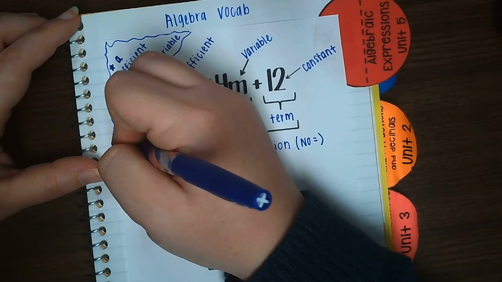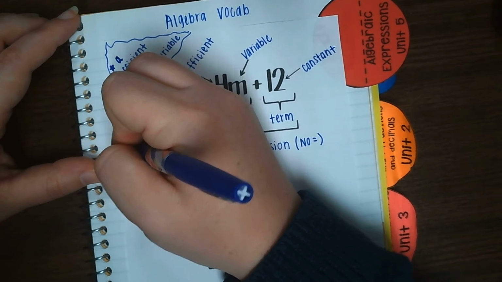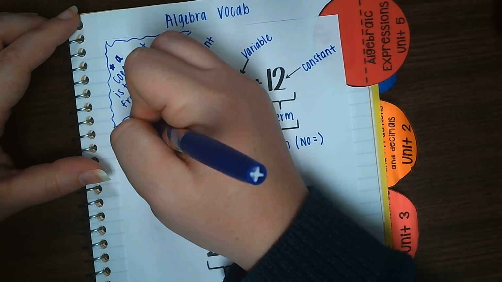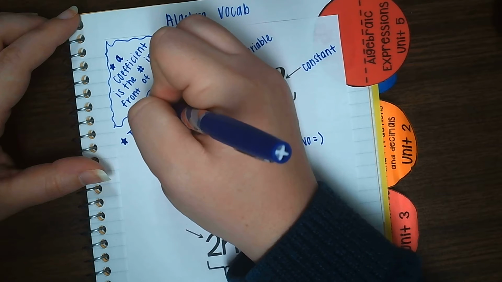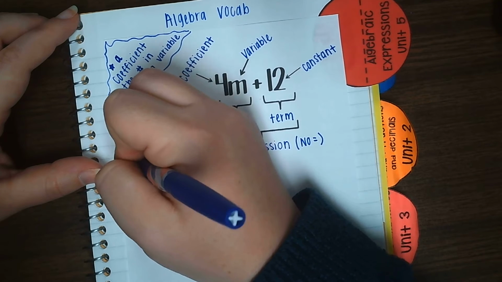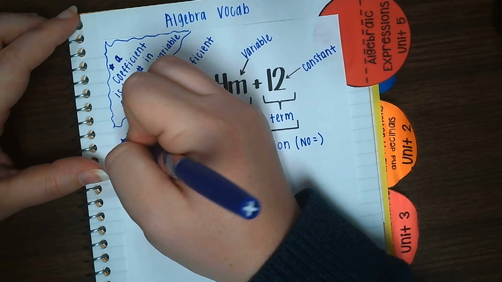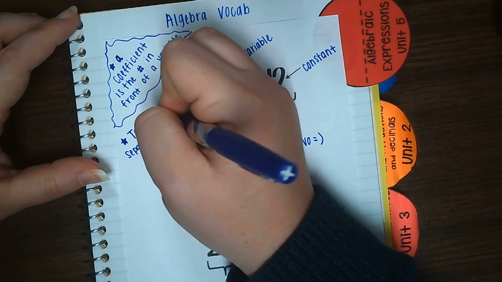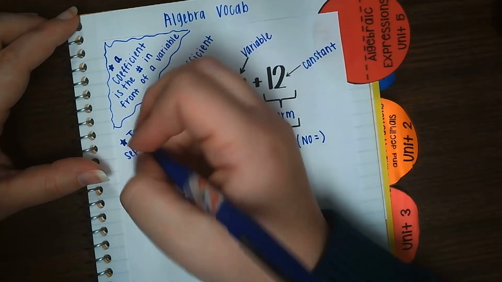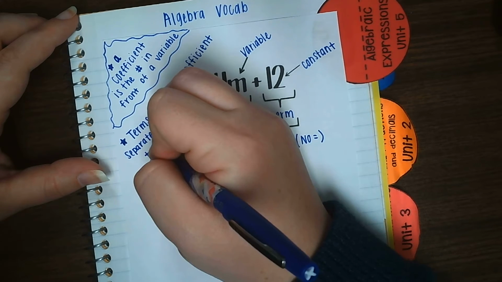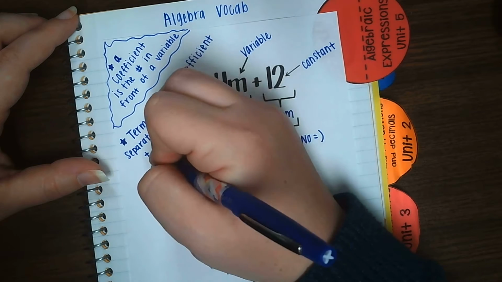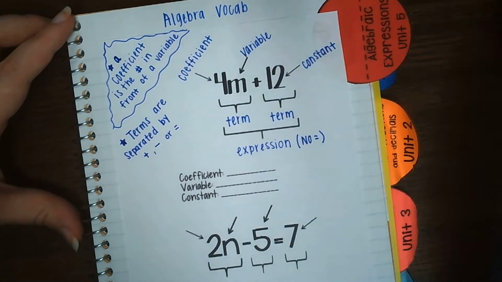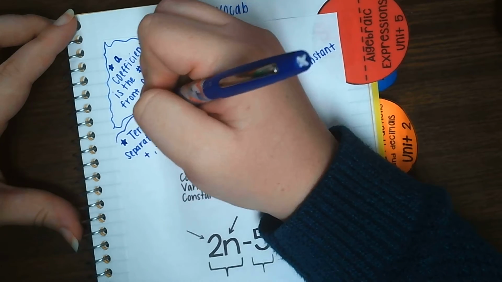Now I want you to make another star. Terms are separated by plus signs, minus signs, or equal signs. So I'm going to bubble that in.